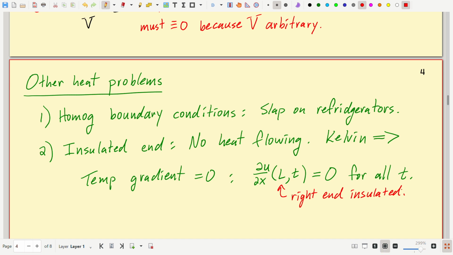Exactly, right. And you can demonstrate that using the Fourier series techniques. So if you slap on insulation on both ends, that pluck shape would equalize and spread the temperature out. And of course, in the limit, it would be constant, and that constant would be the average of the pluck shape. That's what you would guess.